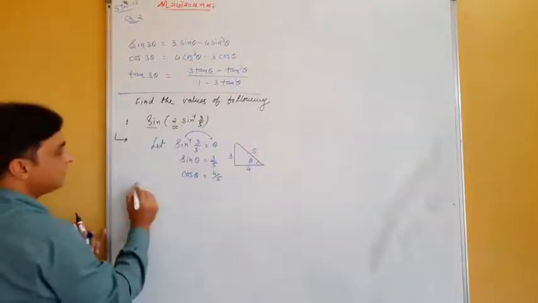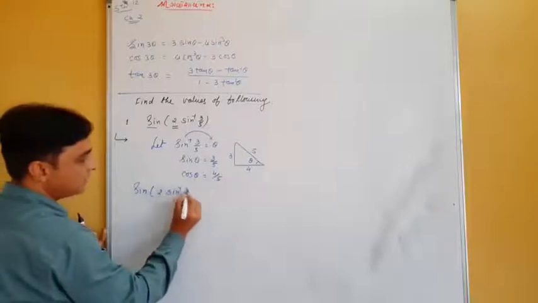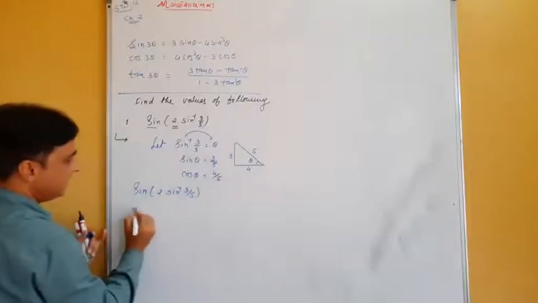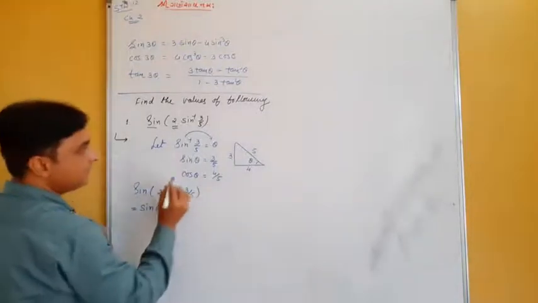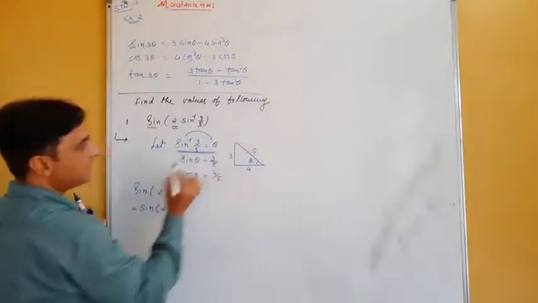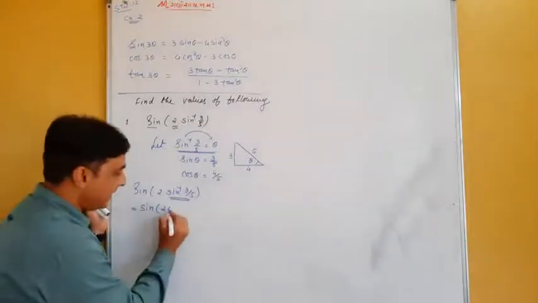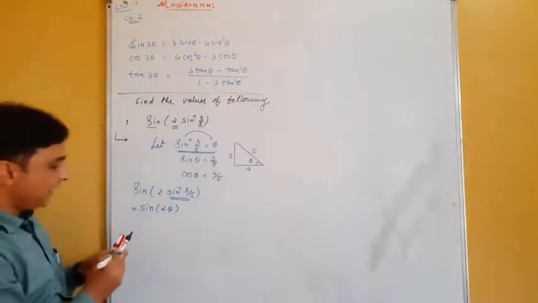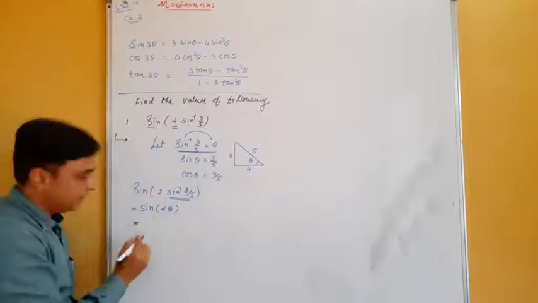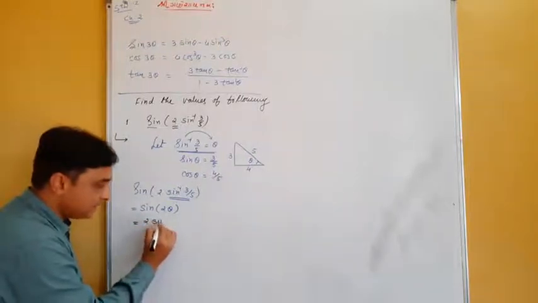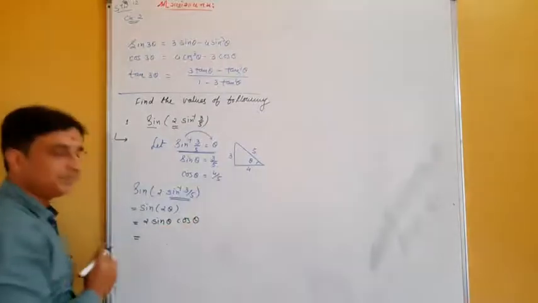Now see our question. Sin 2 sin inverse 3 by 5. What have we taken? Sin inverse 3 by 5 equal to theta. That means sin 2 theta. Now we have to use the formula sin 2 theta equals 2 sin theta cos theta.